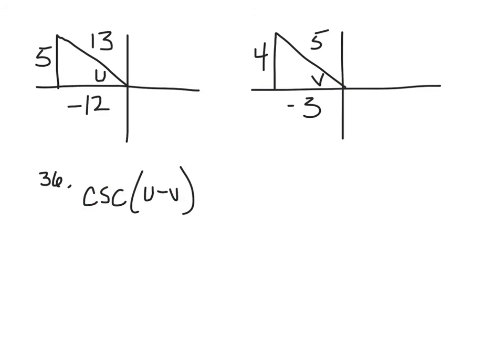Really what I'm going to do is just find sine of u minus v the same way, and then take the reciprocal of that answer, and that will be the answer to the cosecant. There are formulas that you can find that are obnoxious. This works just as well, so keep in mind that really what we're finding is this.